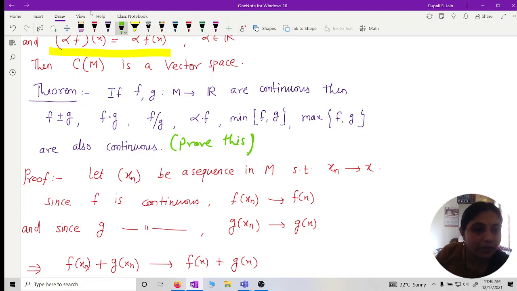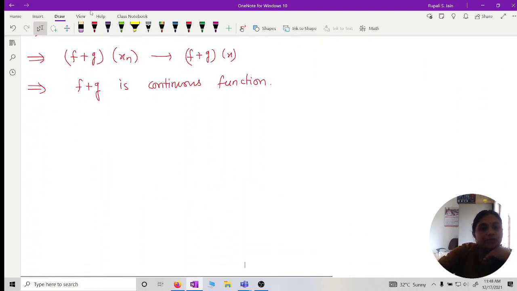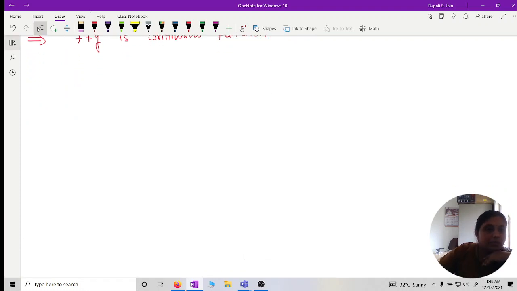Minus, similarly you can prove, product you can prove, then division, alpha times f where alpha is a scalar, minimum of f comma g and maximum of f comma g, they are also continuous. You need to write all functions in terms of addition, subtraction, and use these results. Think on this and try to prove this. Similarly prove the remaining.